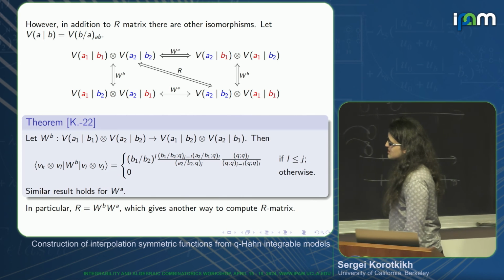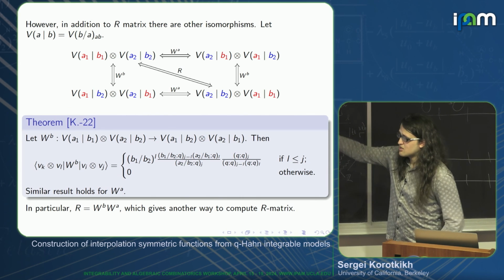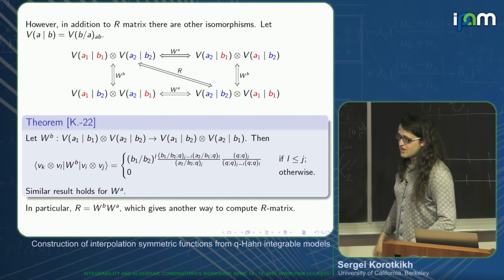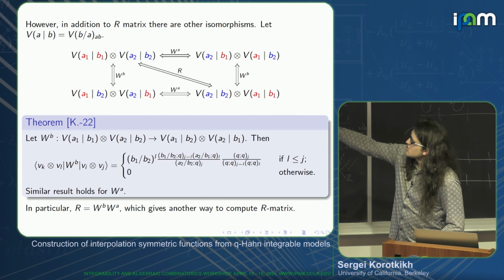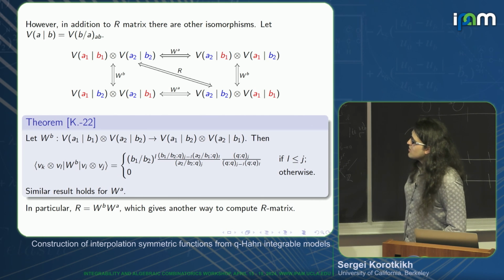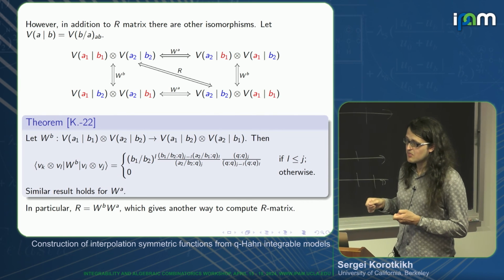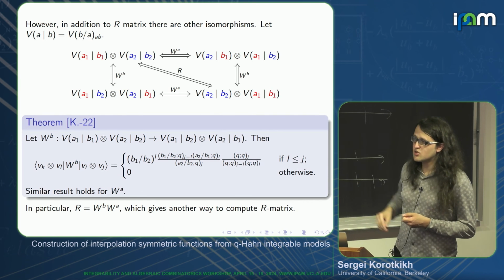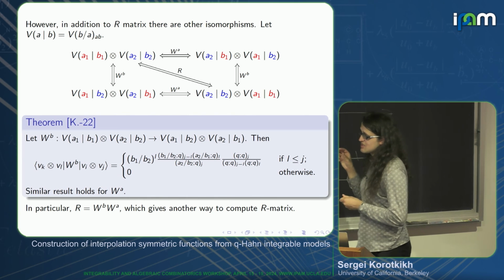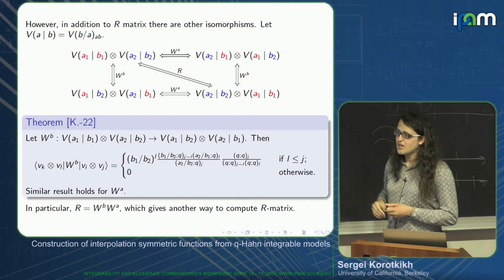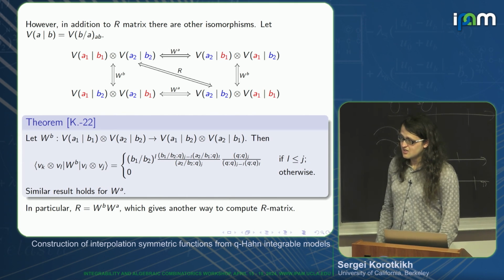And the main result here: there is the R matrix which just swaps these tensor factors. But in addition to this, there are these half R matrices which only swap parameters A or parameters B. And if you look at the matrix coefficients of these half R matrices, they will be exactly these q-Hahn weights I had in my model earlier.